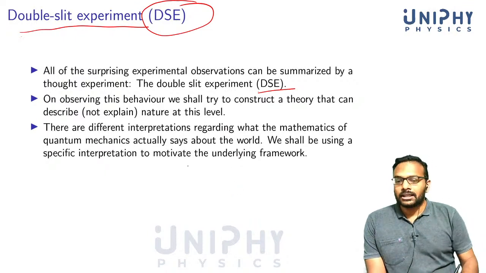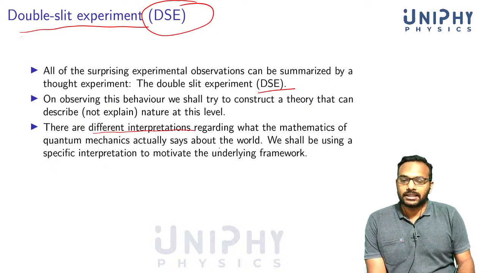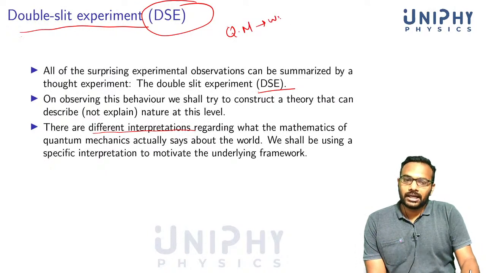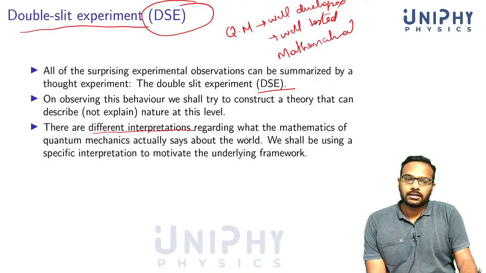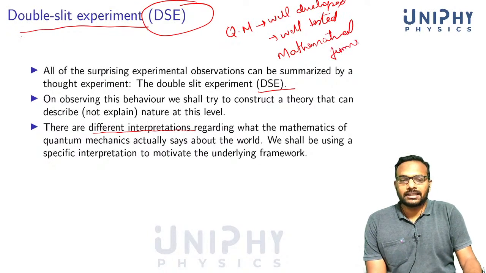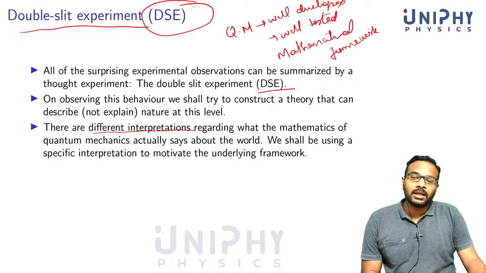And one more thing, which we won't come back to until later in this series. There are different interpretations of the mathematics of quantum mechanics. Quantum mechanics is a well-developed and well-tested mathematical theory, but nobody knows what it actually says about nature.